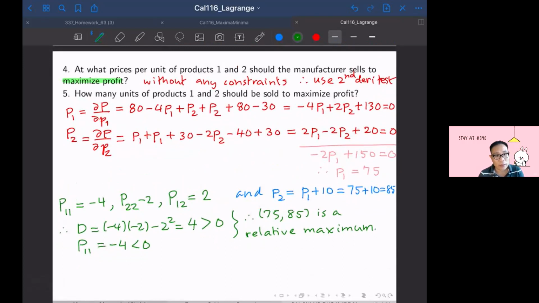And the next question is how many units of product 1 and product 2 should be sold to maximize the profit.